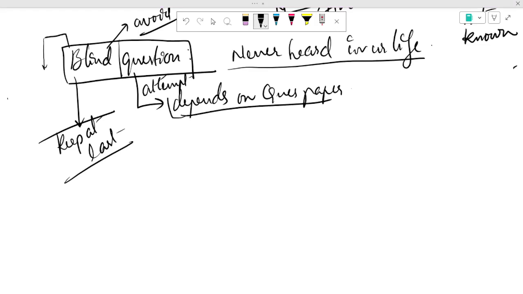See, it all depends on the question paper. For example, if the question paper is okay for you, I'm not saying easy, I'm saying okay for you, that means you can score enough marks that can grab you a good seat in a college, then you try to analyze that question.